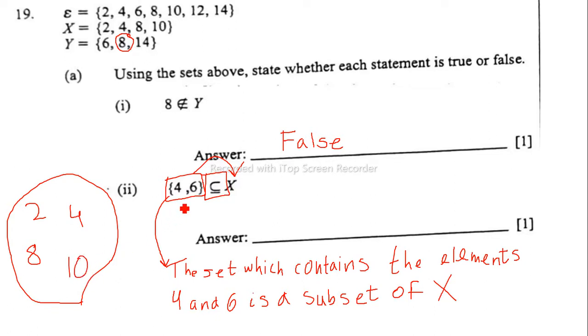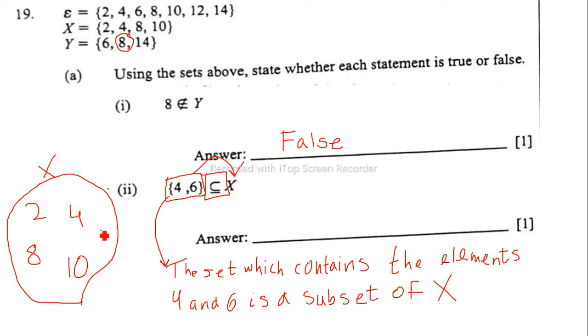Now, is this set which has 4, 6 inside X? No. Why? I don't see 6 there. Exactly, there's no 6. So that means that 4, 6 is not a subset of X because all we have is 4. We don't have 6.